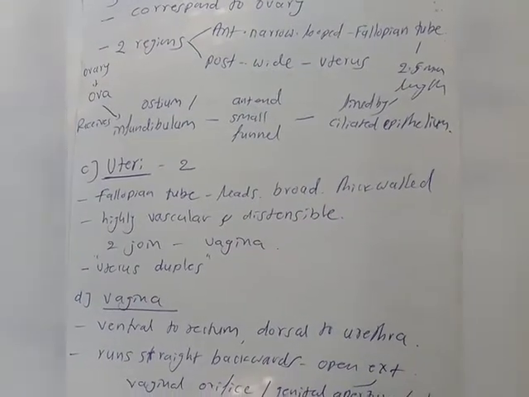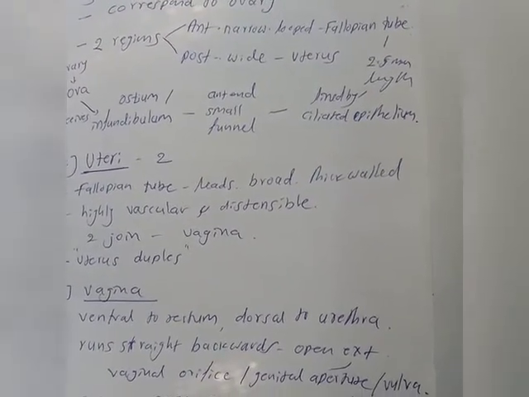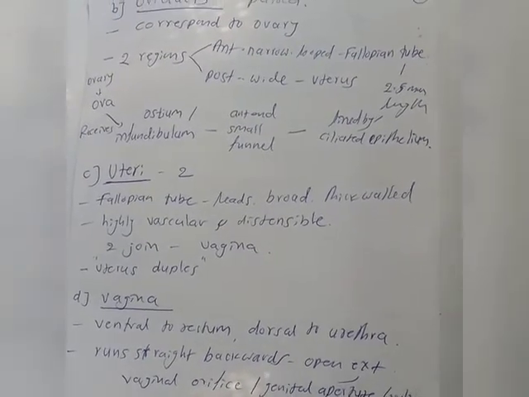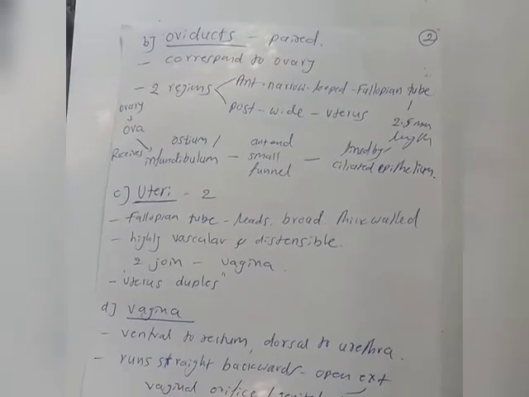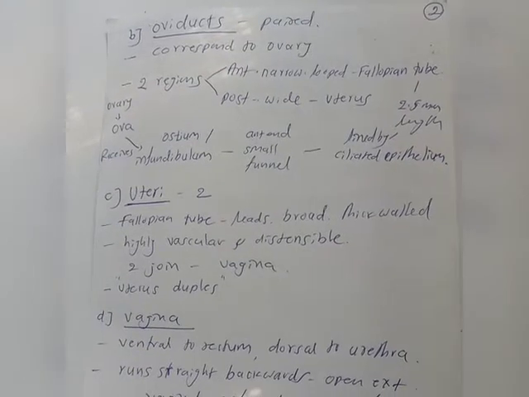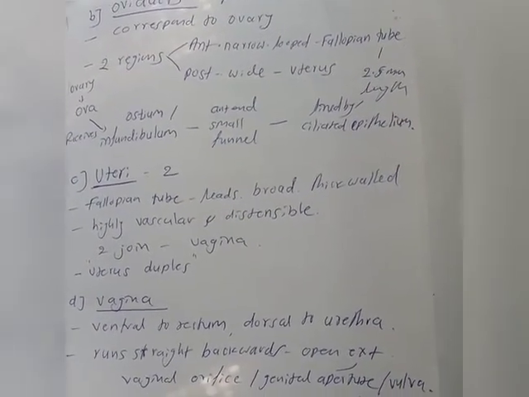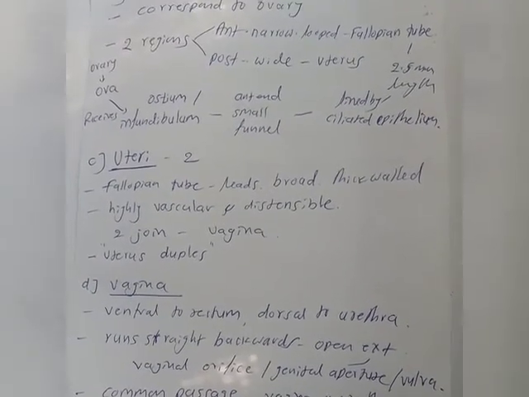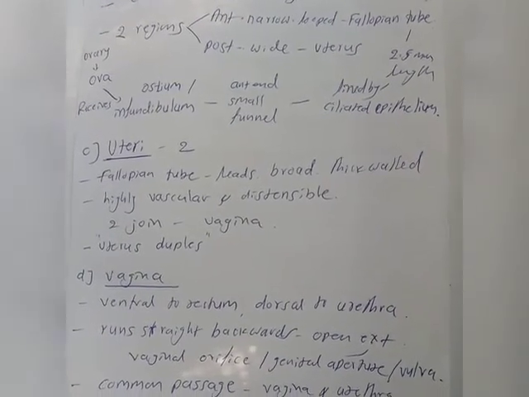Then second one is the oviducts. These are 2 in number, corresponding to the 2 ovaries. जी ओव्हरीपासून खाली आलेला आहे त्याला म्हणायचं ओव्हिडक्ट. Each oviduct shows 2 regions. 2 भाग आहेत त्याला. एक anterior and second one is the posterior.